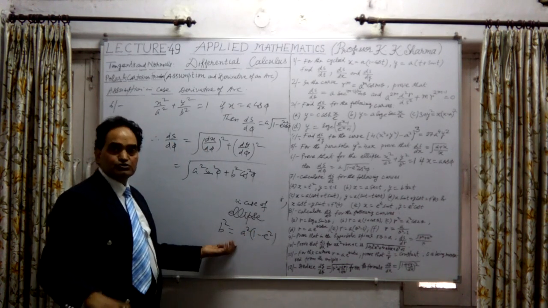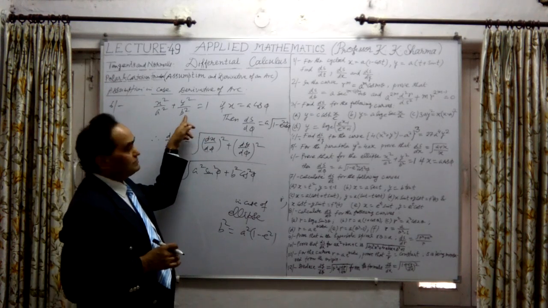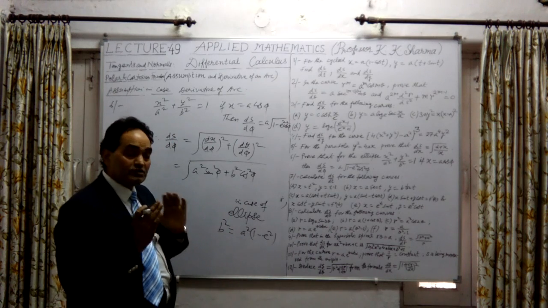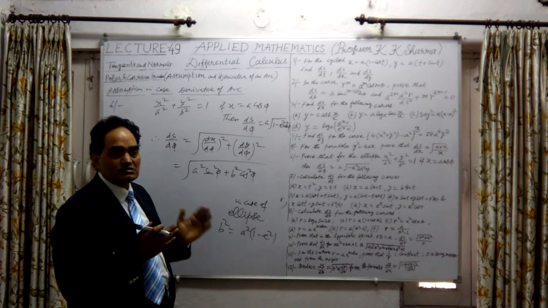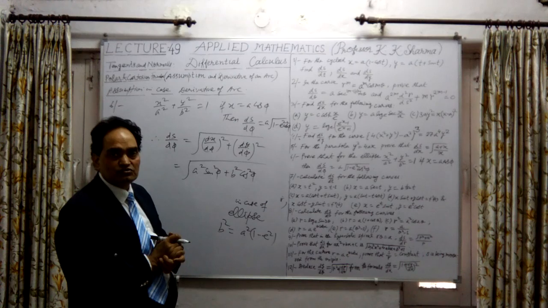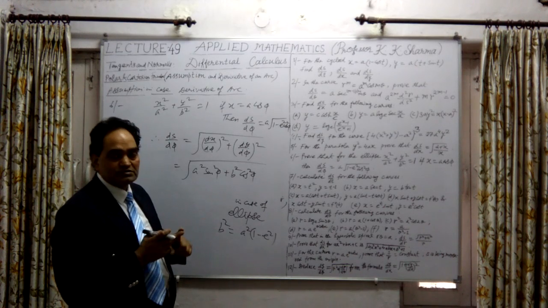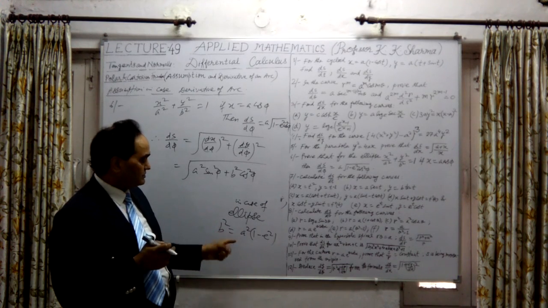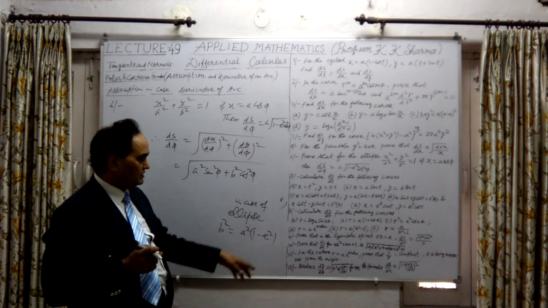This is essentially the eccentricity e. In coordinate geometry there is a section on conic sections, in which we discuss parabola, ellipse and hyperbola. In case of ellipse, we have b square equal to a square into 1 minus e square.